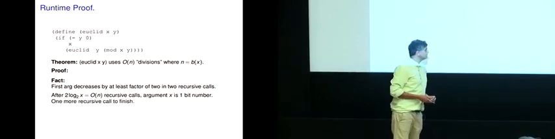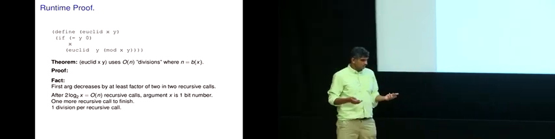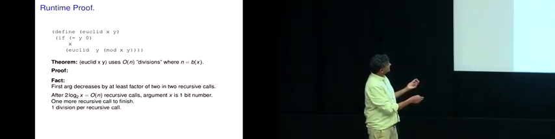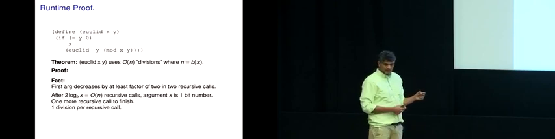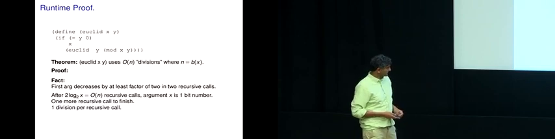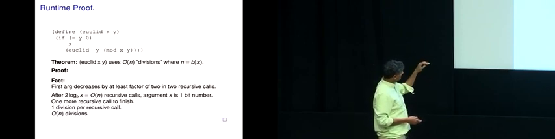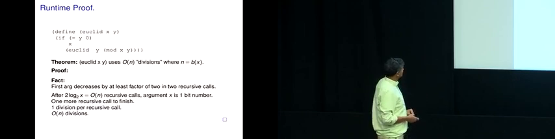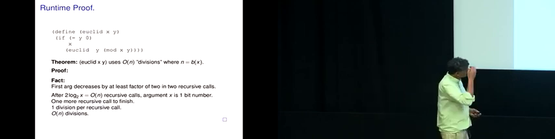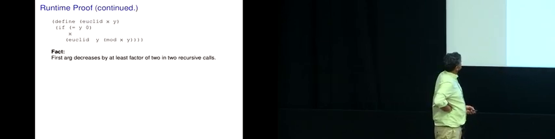There's 1 division per recursive call. This mod divides x by y, and the division is the most expensive operation. So all we need to do to finish is to prove this fact: the first argument decreases by at least a factor of 2 in 2 recursive calls.